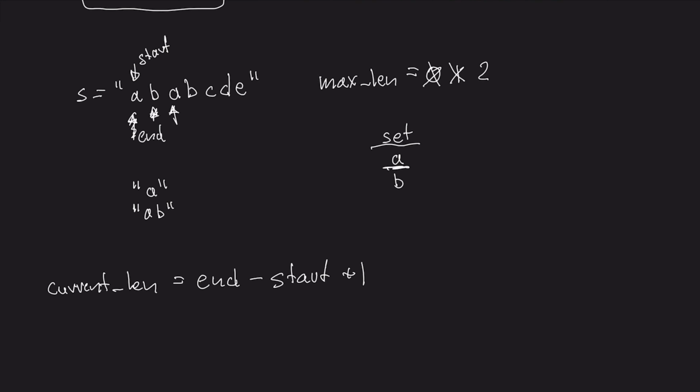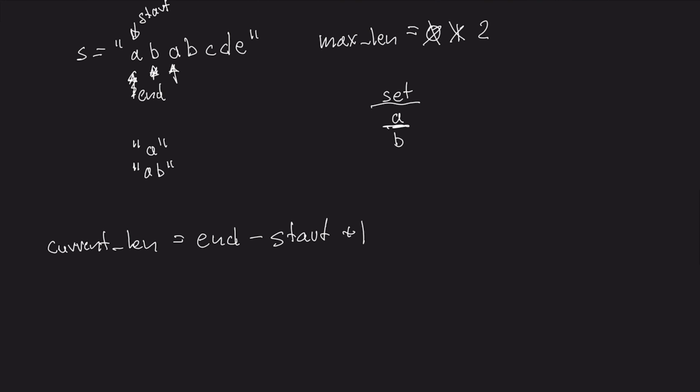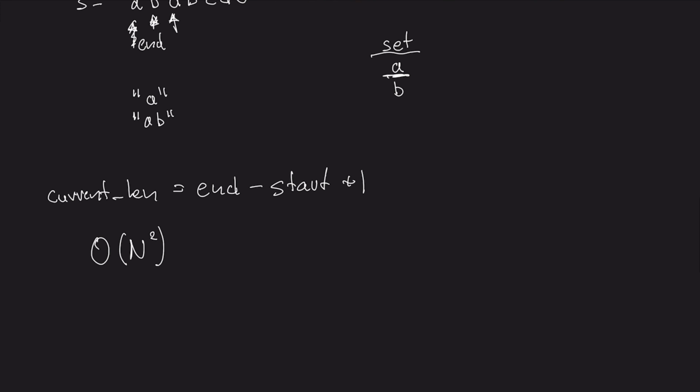So with that improvement, our time complexity becomes O(n squared), because we just have two nested for loops. We don't have a third for loop to check the uniqueness of a substring. The space complexity remains the same.